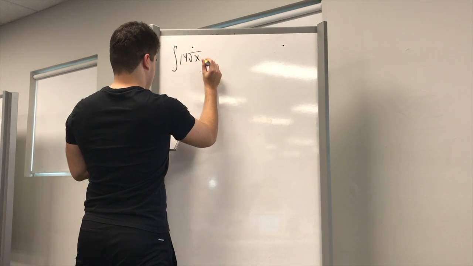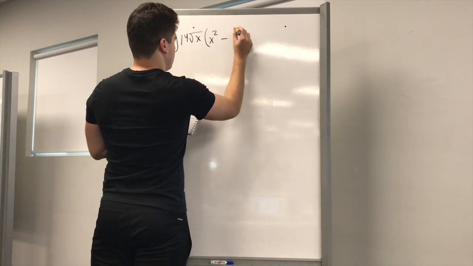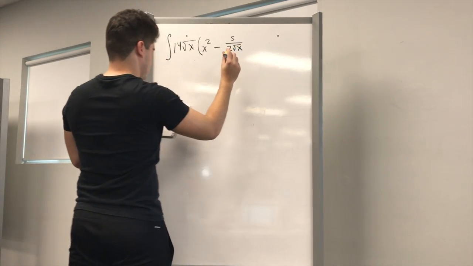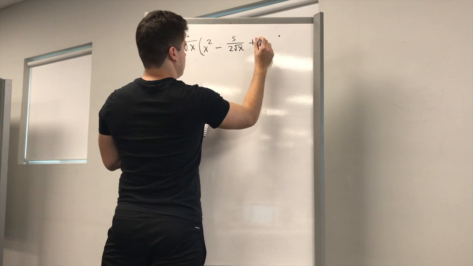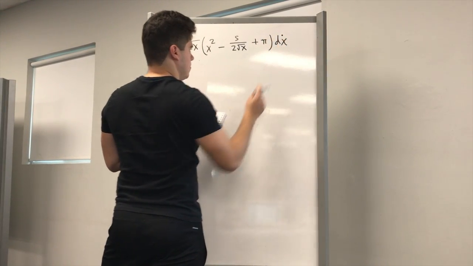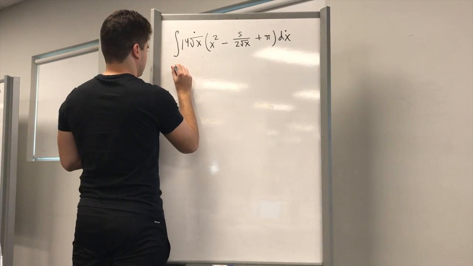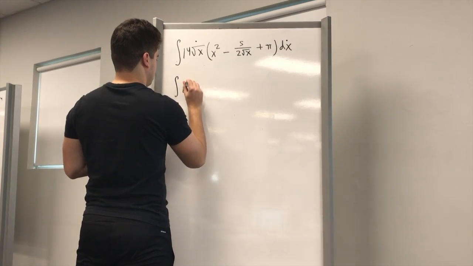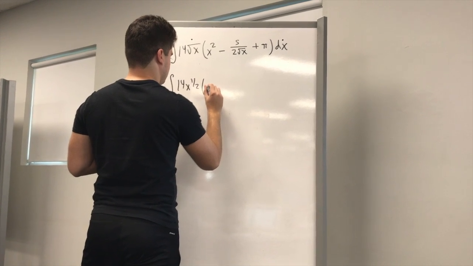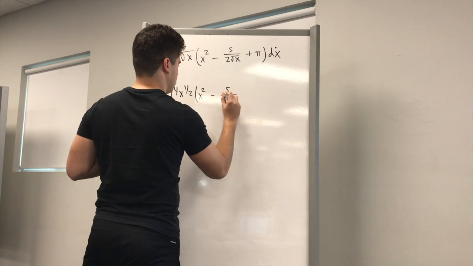The next problem that we were assigned to was number 12. Number 12 says to find the antiderivative of 14 square root of x times (x squared minus 5 over 2 square root of x plus pi) dx. The first step is to rewrite. You change all the radicals, square roots of x, to x to the 1/2, for us to be able to multiply and use the distributive property.